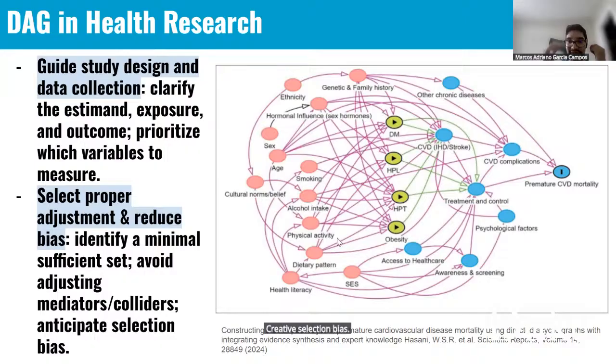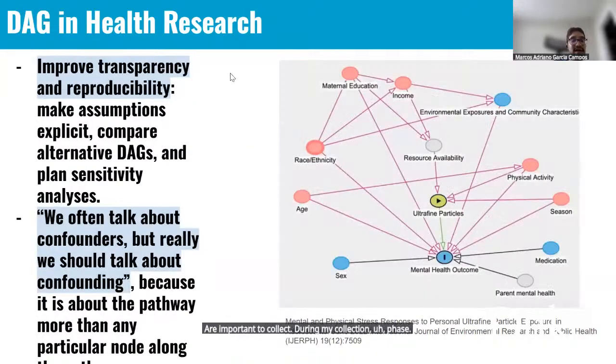If we make a DAG before our data collection, for example, I can see which kind of variable I need to collect in my study. If I have already collected data, I can visualize in a DAG which variables are important to collect during my collection phase. So DAGs help us improve the transparency and reproducibility of science and make assumptions explicit.